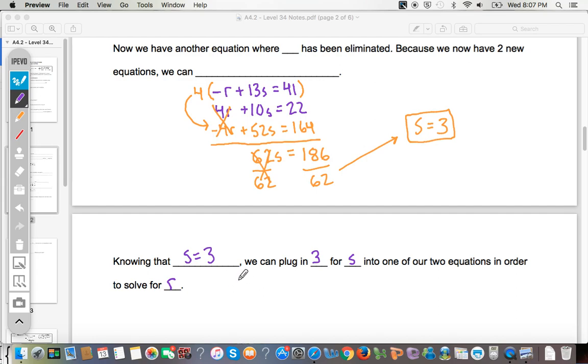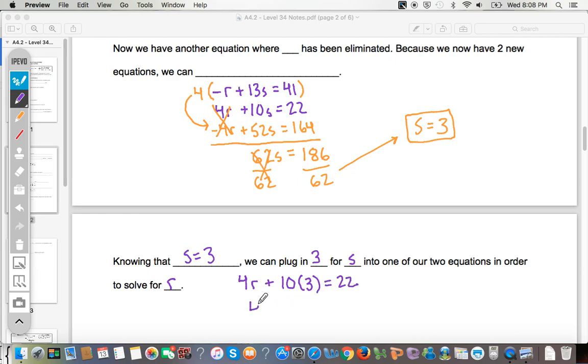So I have 4r plus 10s, but instead of s, I'll plug in this 3 right here, equals 22.